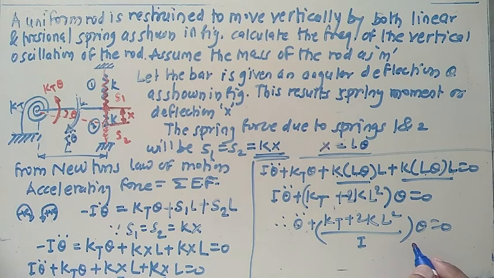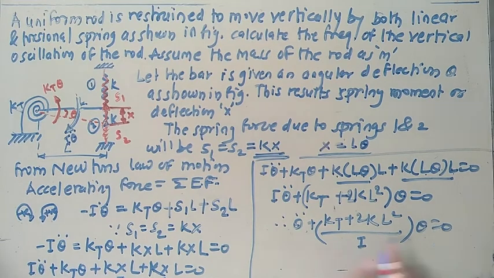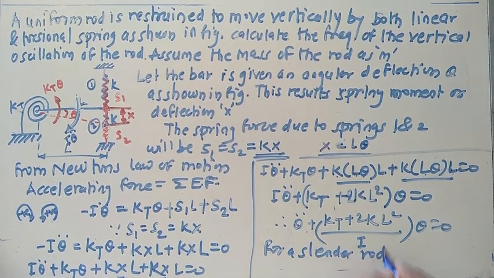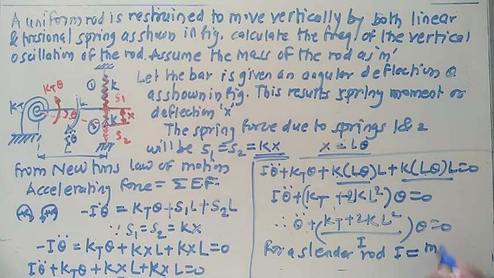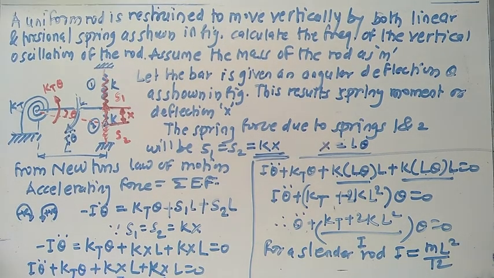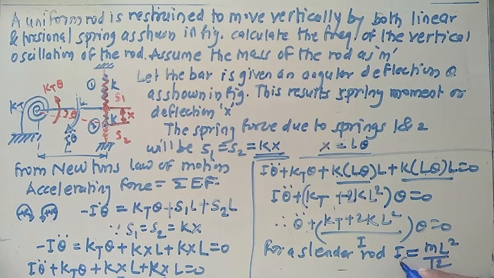In the next step, for a slender rod, we know I is nothing but ml square divided by 12. This I is about the center of gravity point, so you can consider this one as Ig.